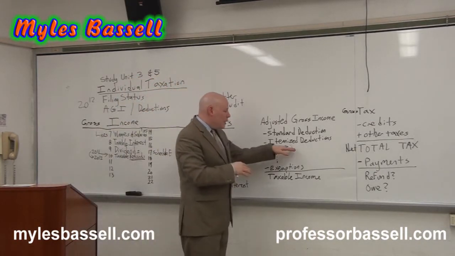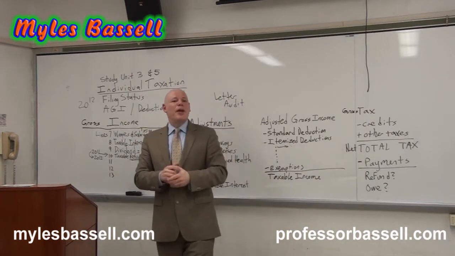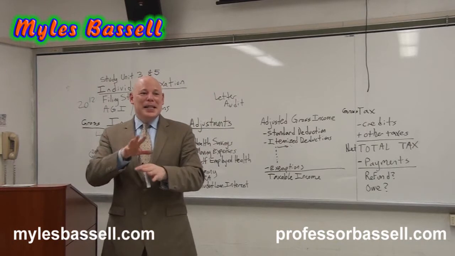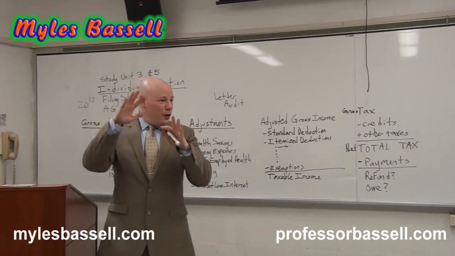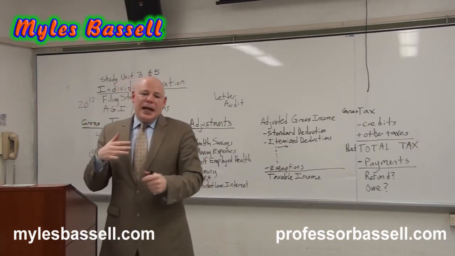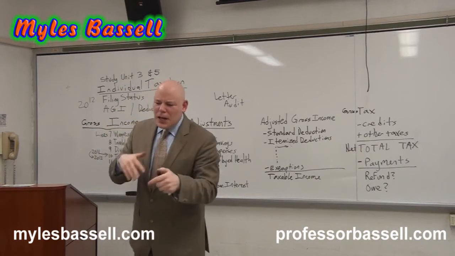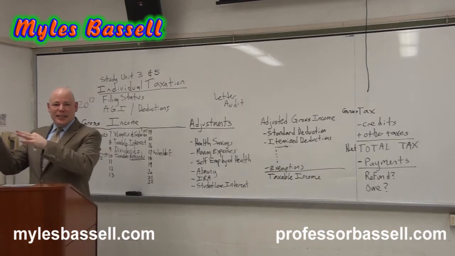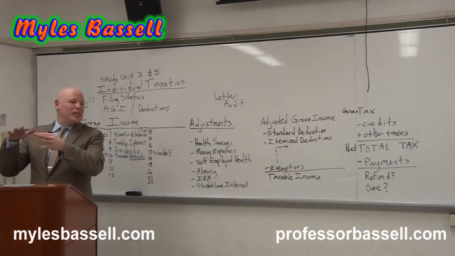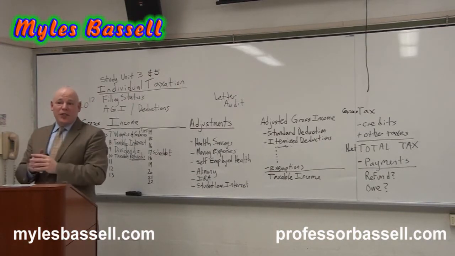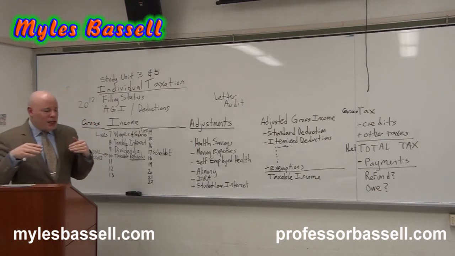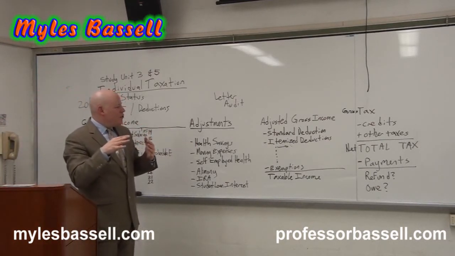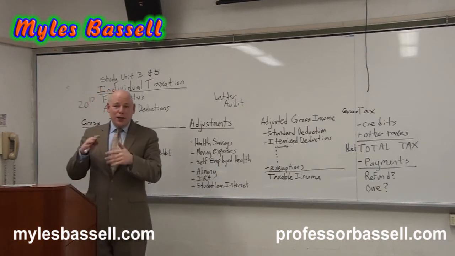So the federal government says, yeah, we understand how we're organized as a government. We have a federal government, we have state government, and part of the process of funding state activities is that we allow states to collect income tax. And they said, we're going to allow you to take that as a federal deduction.